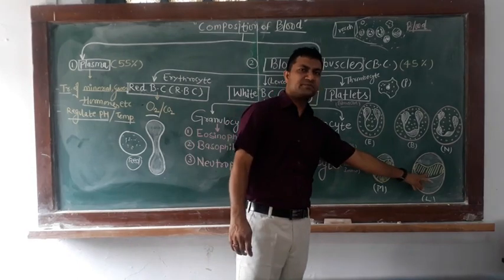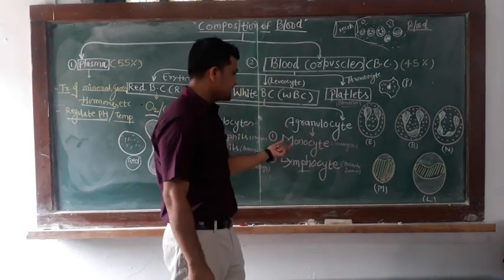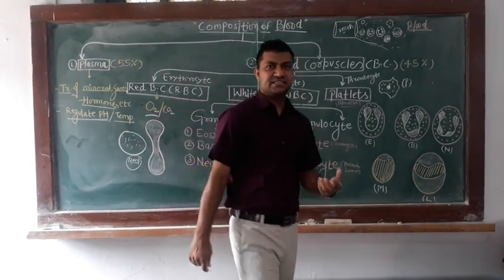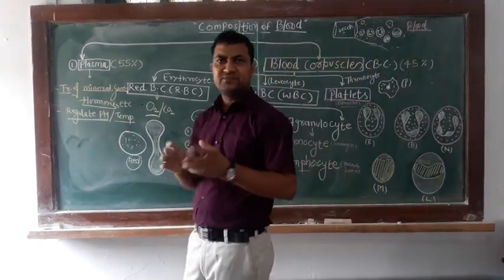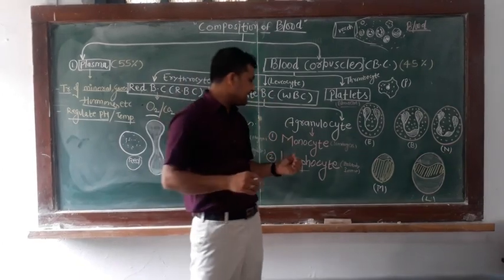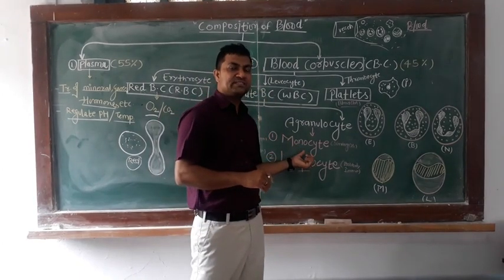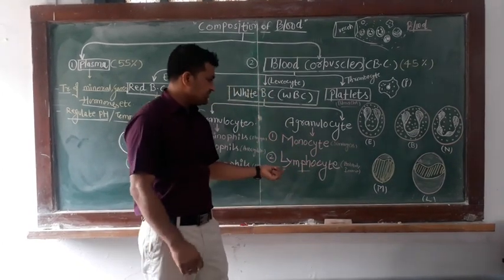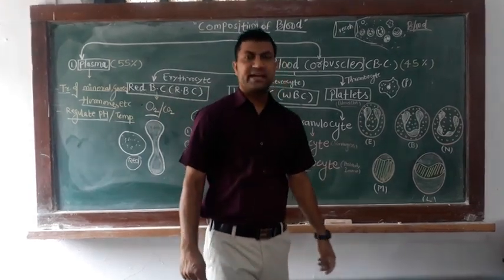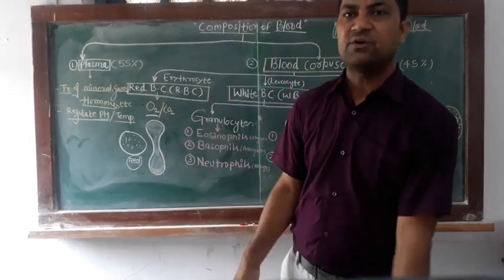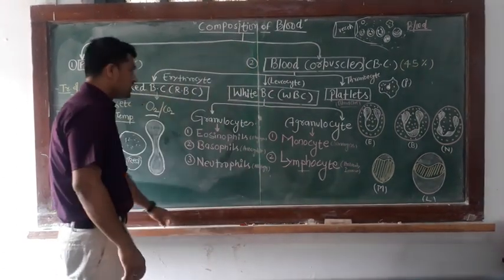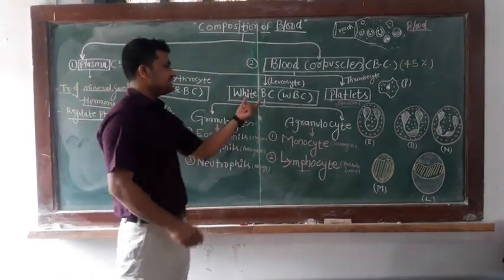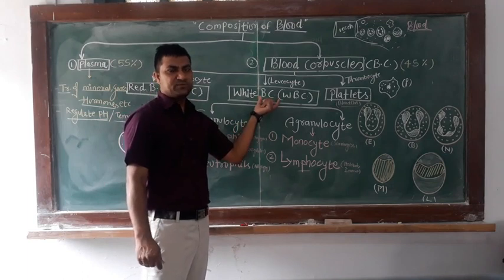The monocyte's main function is as a scavenger: any dead or decaying cell is decomposed by monocytes, a natural scavenger inside our body. The lymphocyte provides immunity and antibodies. Overall, white blood cells are the soldiers of our body and provide immunity.